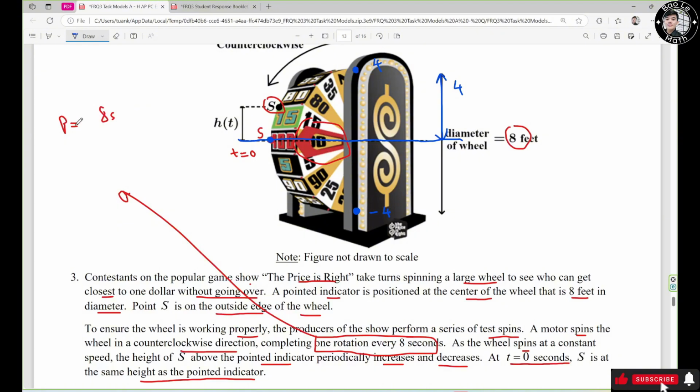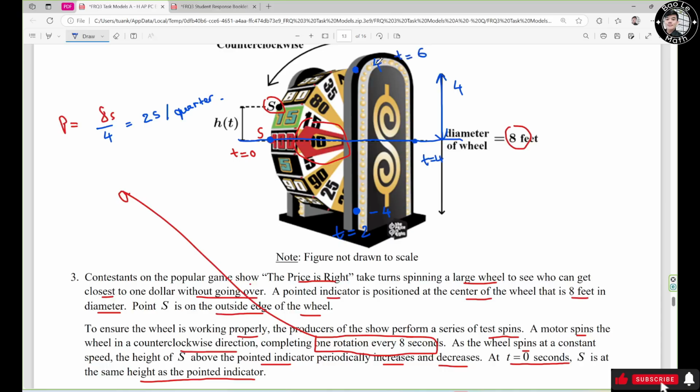Now the lowest point should be right here, and this should be negative 4 because it's below the pointed indicator. We have the period is 8 seconds, so you need to take this divided by 4 to get the length of each quarter. So each quarter has 2 seconds. This one is t equals 0, this one t equals 2, this one t equals 4, this one t equals 6.